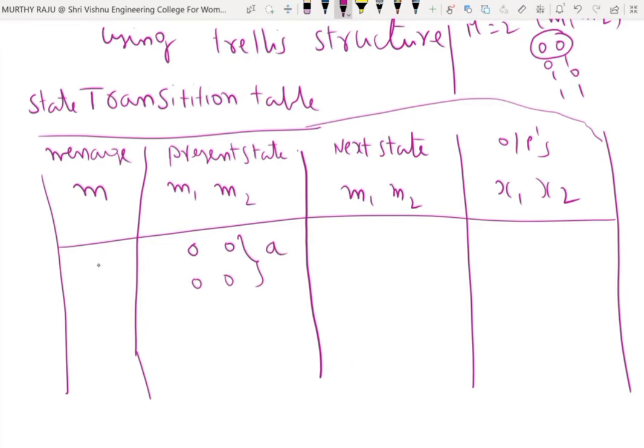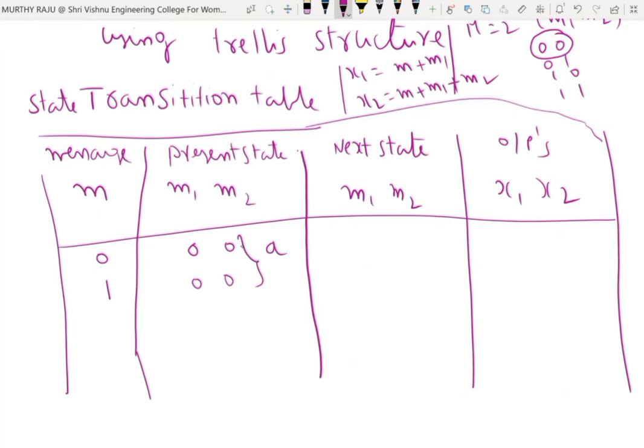The possible M values are 0 and 1. M is either 0 or 1. Calculate X1 and X2. X1 is equal to M exclusive OR with M2. X2 is equal to M exclusive OR with M1 exclusive OR with M2.